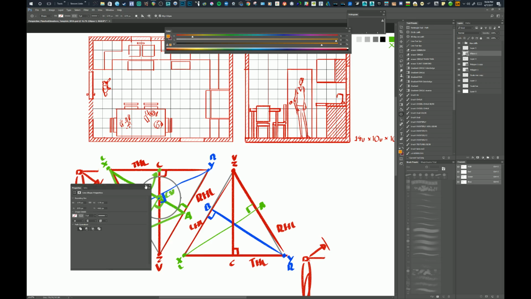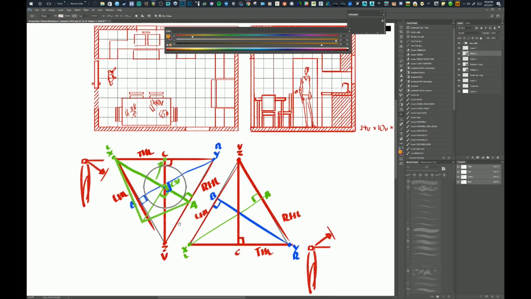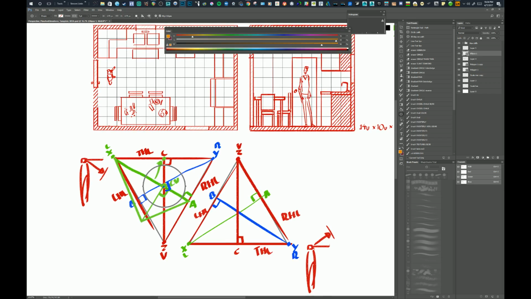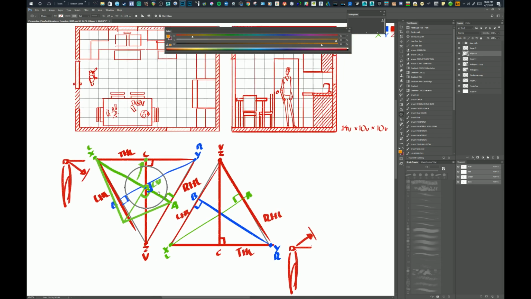Right about there looks correct to me. So now that I have my station point and my center of vision, I know where my 60-degree cone of vision can go. In general, if I build the scene inside this cone of vision, everything I draw in here will be considered in correct perspective.